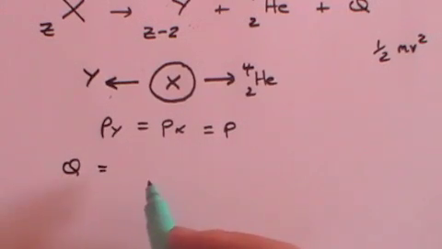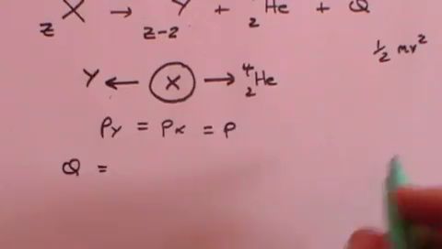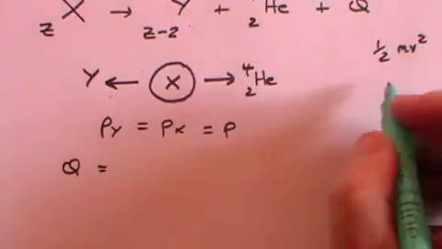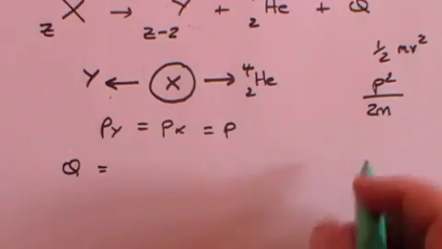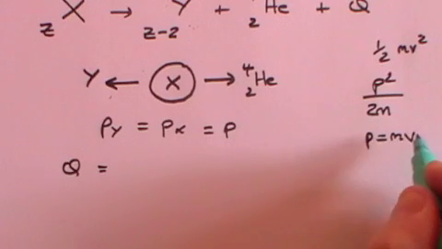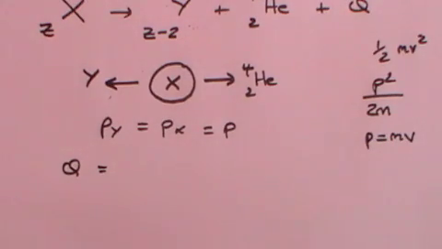What is the kinetic energy of the alpha particle? Well, kinetic energy is half mv squared, but that can also be written as p squared over 2m. P, remember, is momentum, that's mass times velocity. If you square that, m squared v squared divided by 2m equals half mv squared.